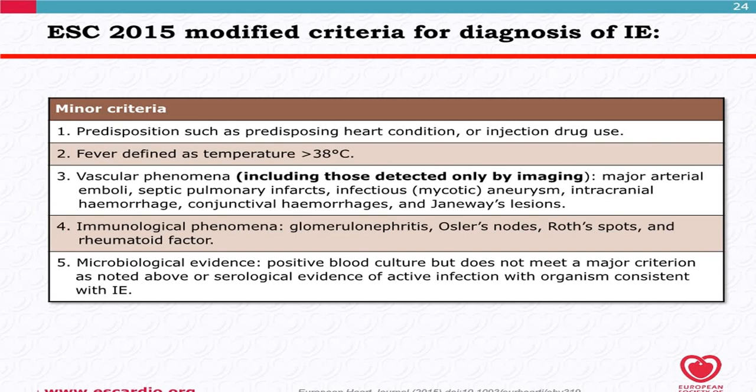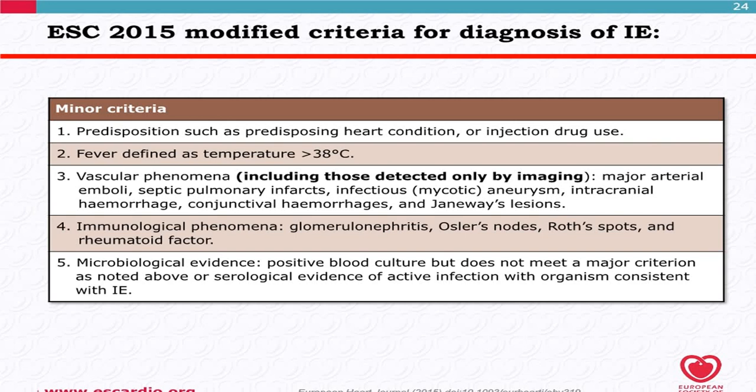These were vascular phenomena. Some of those can be detected by imaging and some can be seen clinically, like conjunctival hemorrhage and Janeway's nodes, which were clinically easily identifiable.